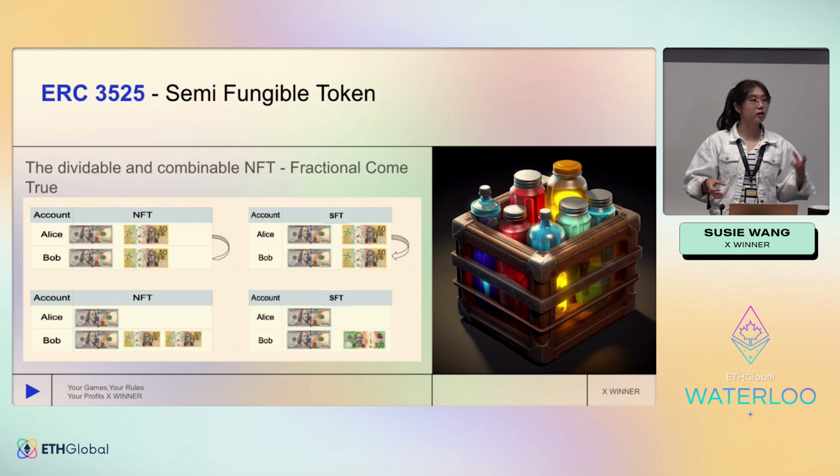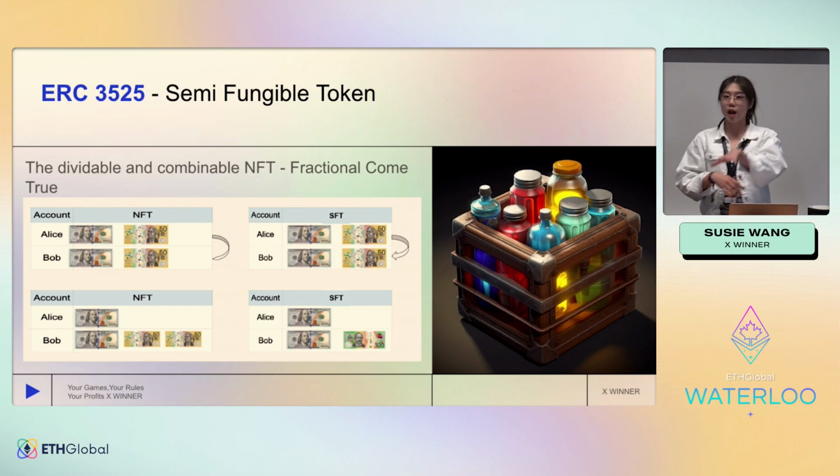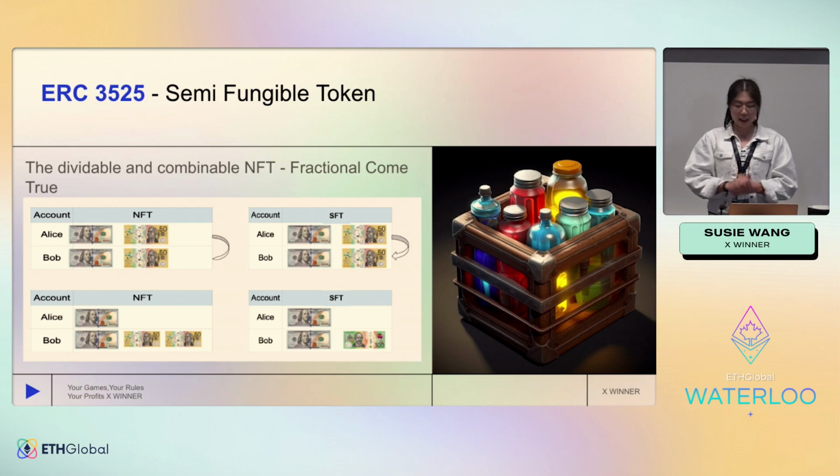But with ERC3525, just like this picture of a container having lots of bottles inside, I can pour it into smaller bottles and distribute them to anyone in the classroom in this panel. So it's divisible and combinable, a universal digital container, and also a visualizable smart contract.